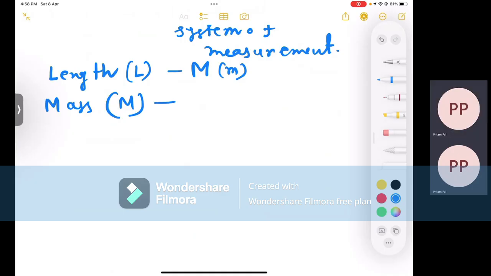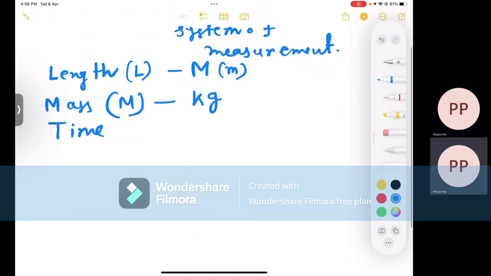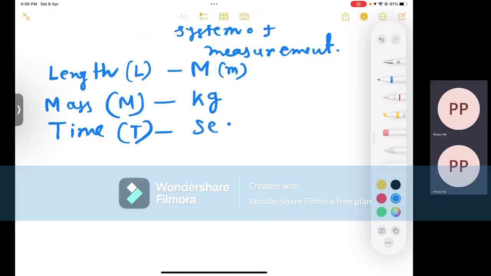Earlier in our time also, it was MLT, right? The unit is kg, and for time, the unit is the second.